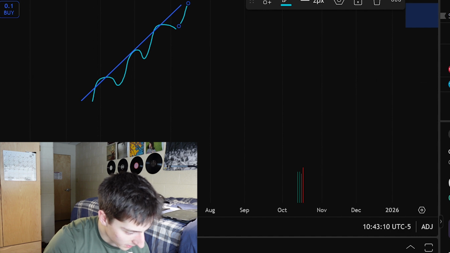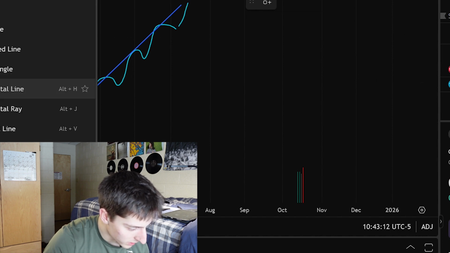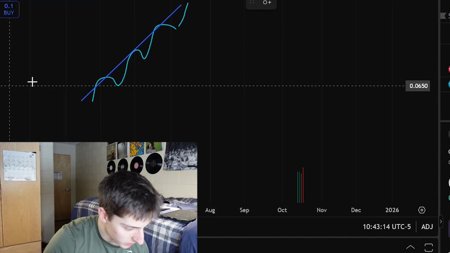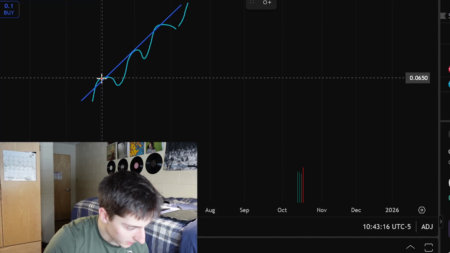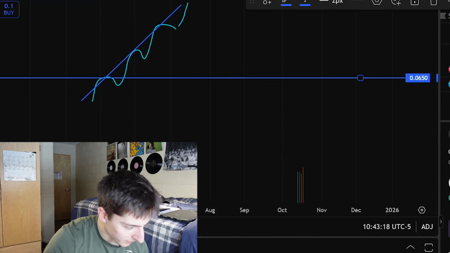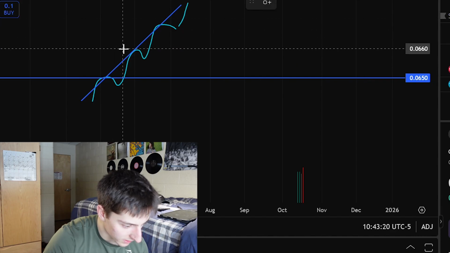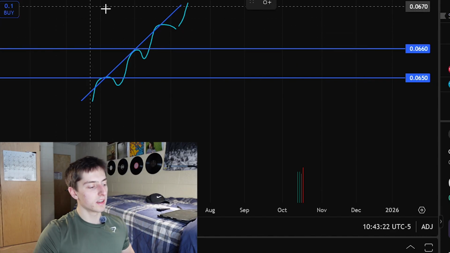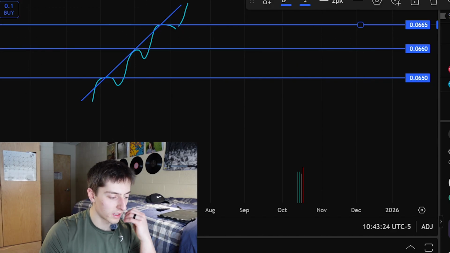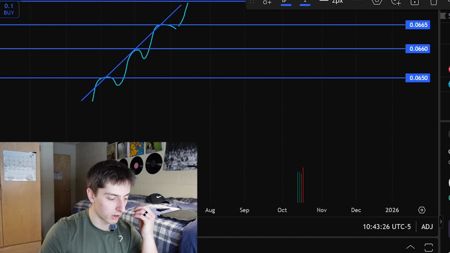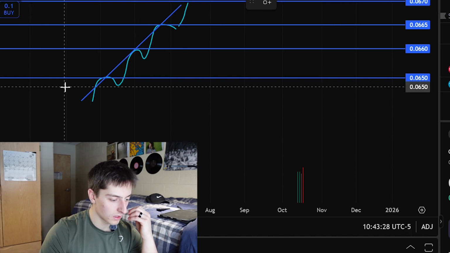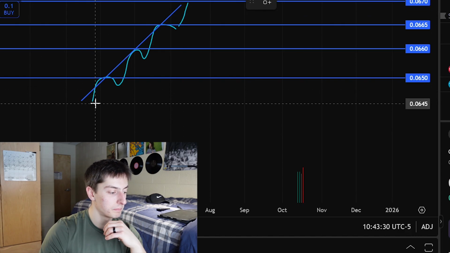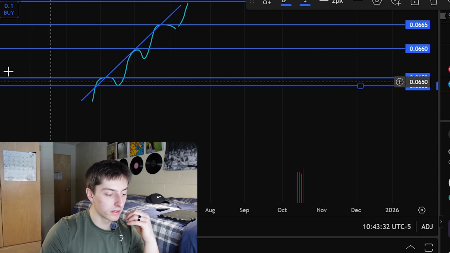This is a high right here. And then what is followed by it? Well, of course, another high, and another high. And it is characterized by higher lows, okay? So we got a low right here, a higher low right here, and another higher low.